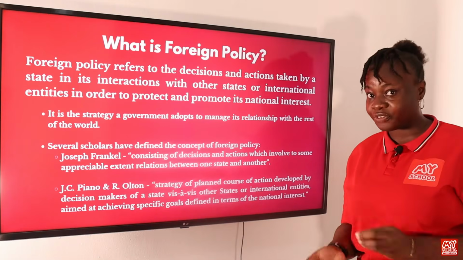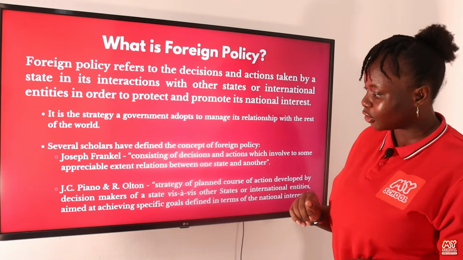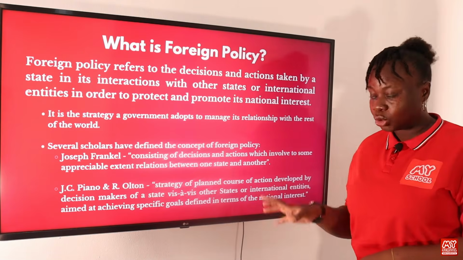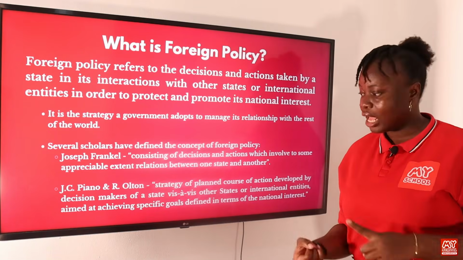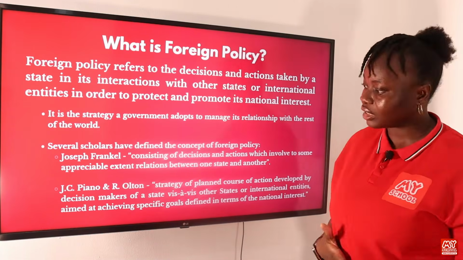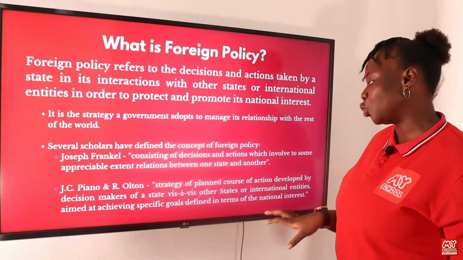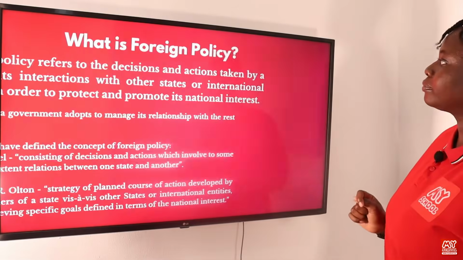So you can see action is a very important keyword in this definition. Developed by decision makers of a state vis-a-vis other states or international entities. So the relationship between one state and another is also important in the definition. Action, the relationship between one state and another, which is aimed at achieving specific goals defined in terms of the national interest. Now let's move on to the next slide.